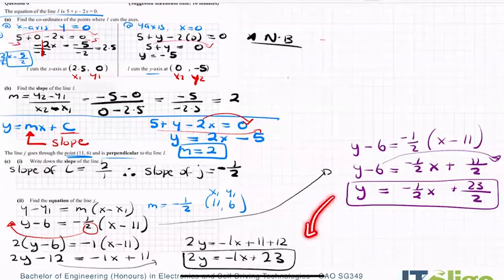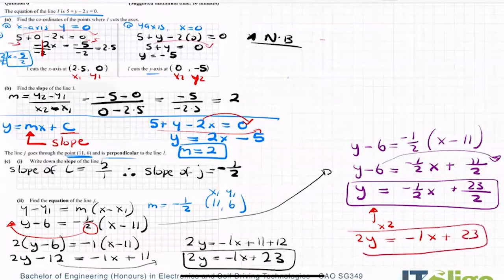The difference between the two is the multiplication by 2 we did here. So in other words, if I was to multiply this one by 2, I would get 2y equals minus 1x plus 23. You can check that in your calculator.